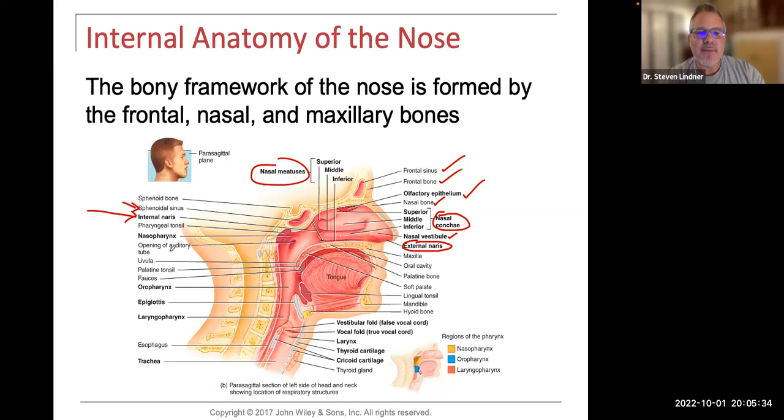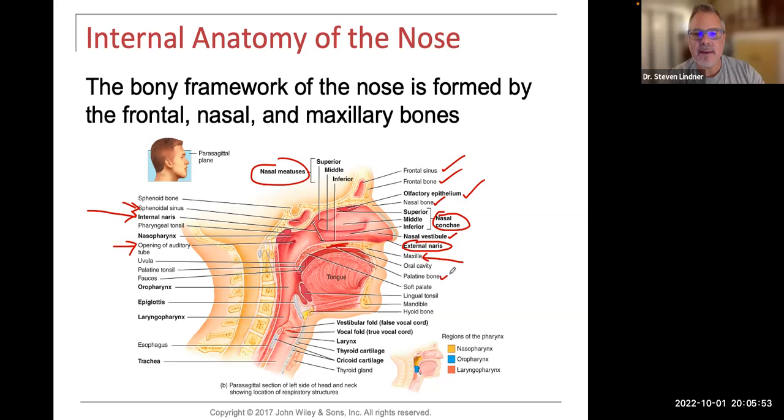Behind the nasopharynx, this is the opening of the eustachian tube or the auditory tube. Here's the maxilla. That's the maxillary bone, right? Here's the palatine bone right here.